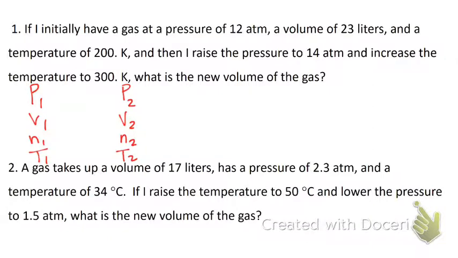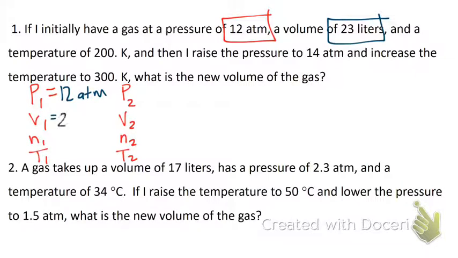It says that I initially have a gas at a pressure of 12 atm. I'm actually going to change colors just so that these numbers stand out. 12 atm, and a volume of 23 liters, so that's my V1, 23 liters, and a temperature of 200 Kelvin.